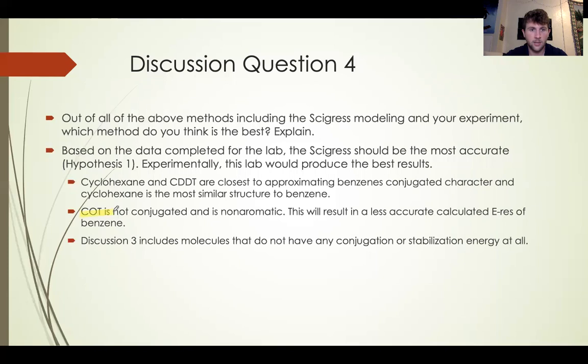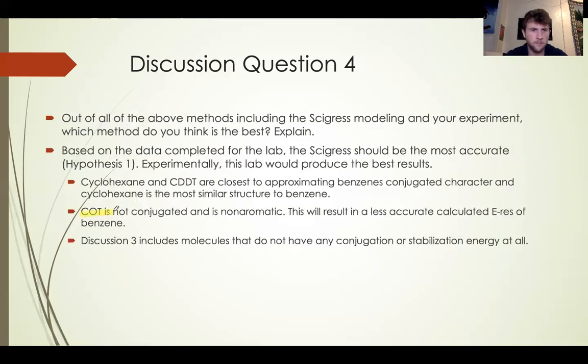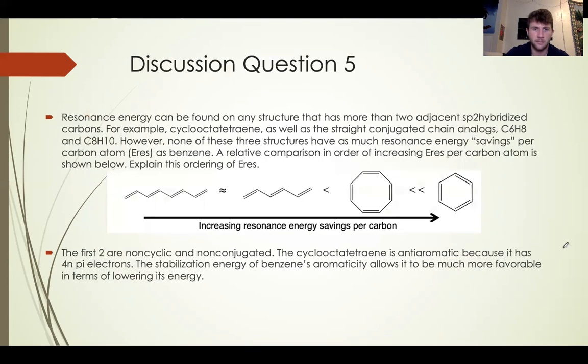The cyclooctatetraene, excuse me, is not conjugated and it's not aromatic. This is less accurate, simply put. Discussion 3 includes this, which again is the ethene and ethane that don't have any conjugation or stabilization energy at all. They're going to be very high in energy and not the most accurate.